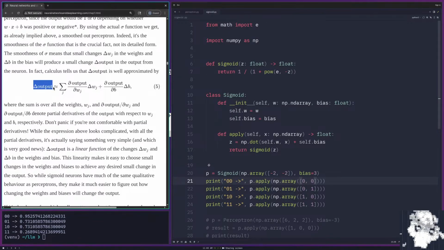The change in the output is approximately something times the change in the weight plus something times the change in the bias. I think that's the point: don't worry about what this something is. The point is it's linear in the change of the bias and the weight.